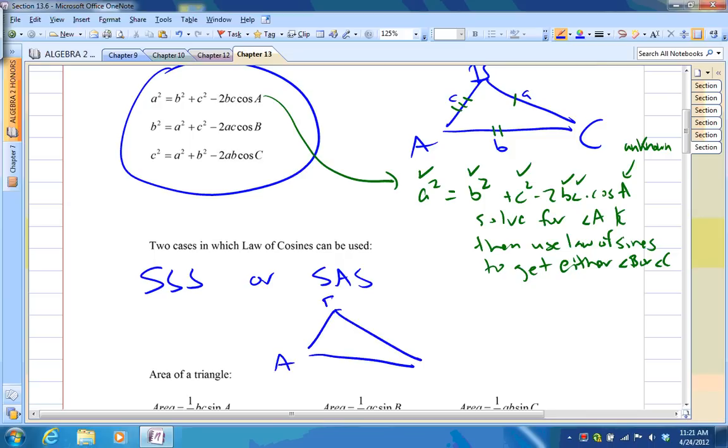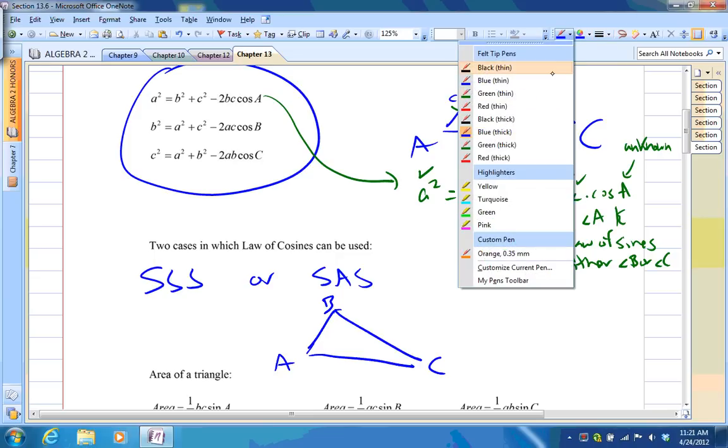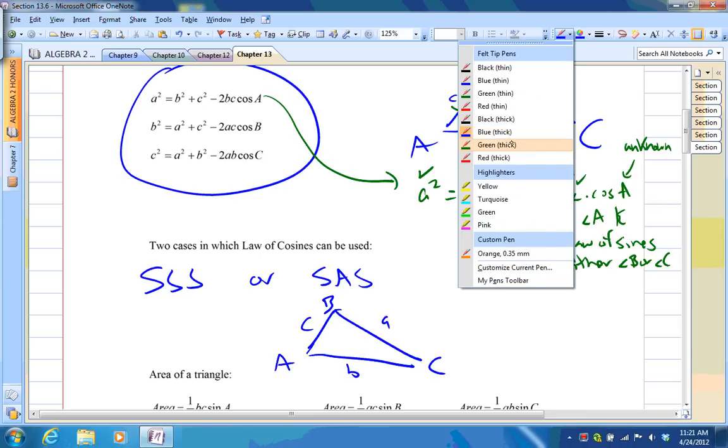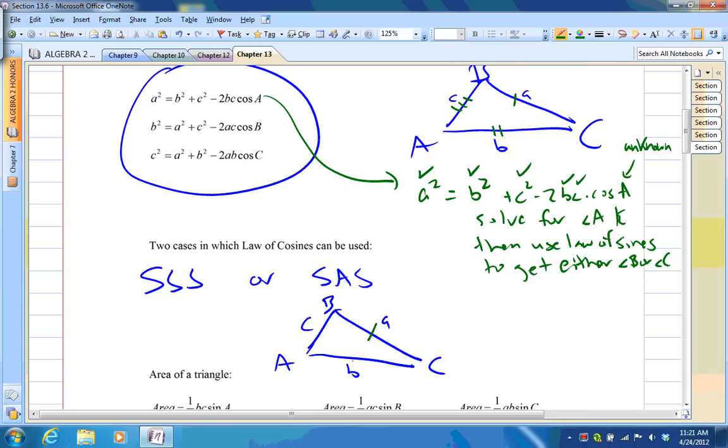A, B, C. So say for example we knew, and actually let me label the sides as well, little a, little b, and little c. So say we know little a and little b, and we know angle c.